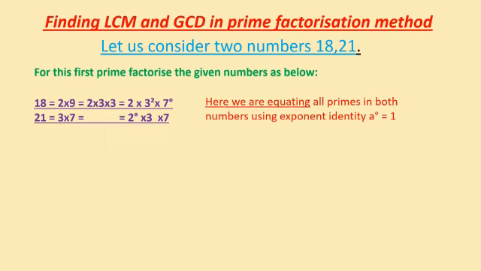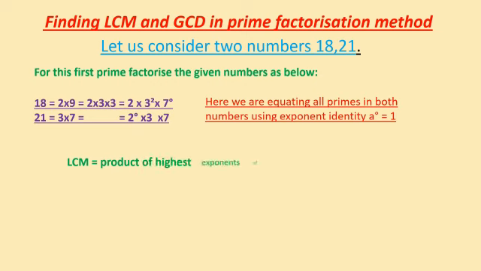So here we are equating all primes in both numbers using the exponent identity a power 0 is equal to 1. So for the first case, as 18 has 2 and 21 does not have 2, we put 2 power 0. Whereas in the third one, 18 does not have 7, so we put 7 power 0, in order to make calculating easy.